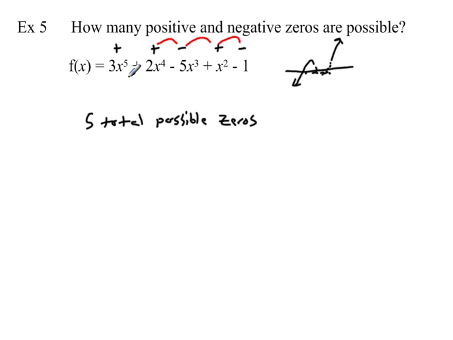So it's where we have, don't worry about how many positives and negatives total, but where it changes from a plus to a minus. So since there were 3 sign changes, we have 3 possible positive zeros. That means that since there's 5 total, 3 are positive, that means there's 2 negative zeros.